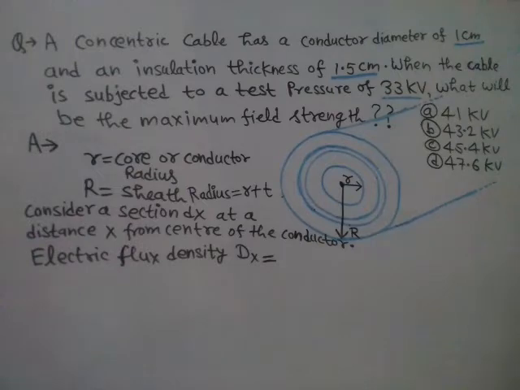Sheath is basically used to protect the cable from moisture, because moisture is harmful for the insulation, right? Aluminum sheath is cheaper and it can be used, or lead sheath.